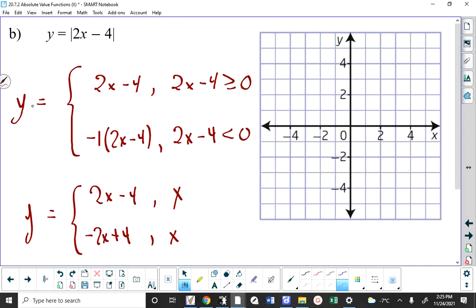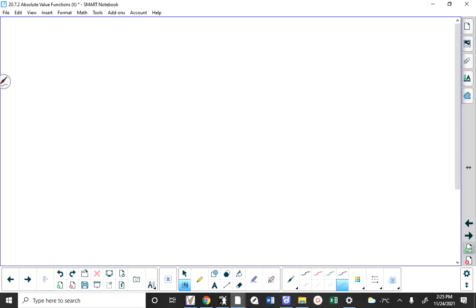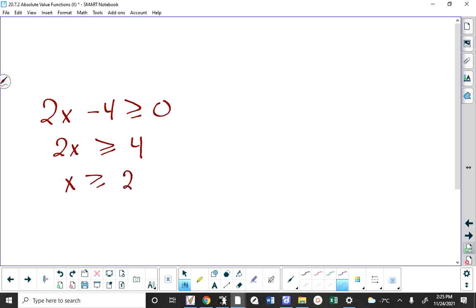So how do we get x? Well, let's talk, and I'm just going to go to a different screen here, about 2x minus 4 being greater than or equal to 0. If 2x minus 4 is greater than or equal to 0, and we start to rearrange this, we see that 2x is greater than or equal to 4, and if you divide both sides by 2, you get x is greater than or equal to 2.